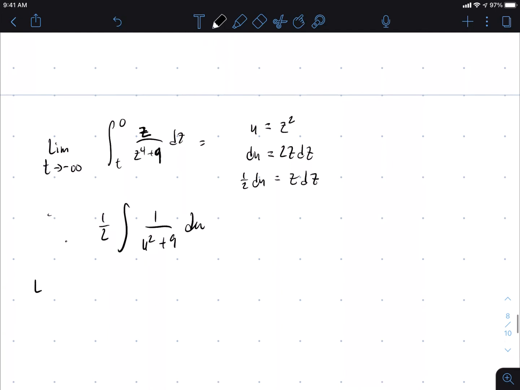So I'm now going to go the limit as t goes to negative infinity of 1/2 times 1/3 tan inverse of z squared over 3, right? That evaluated from t to 0. Do you guys agree?